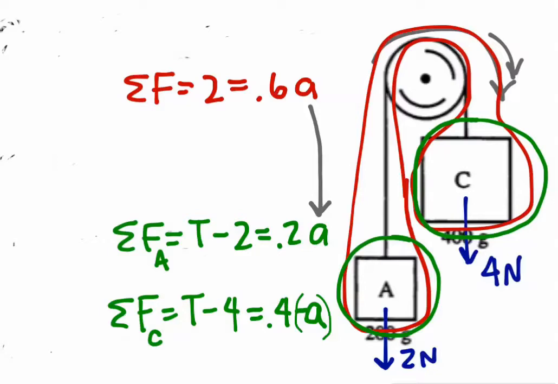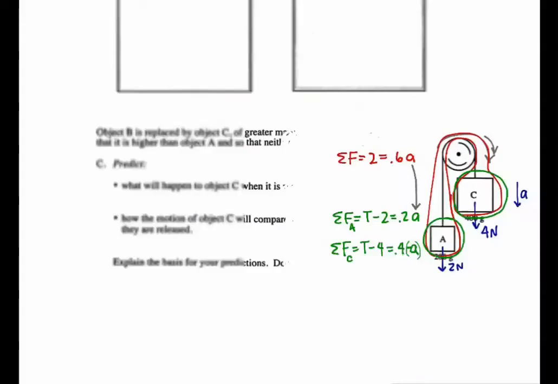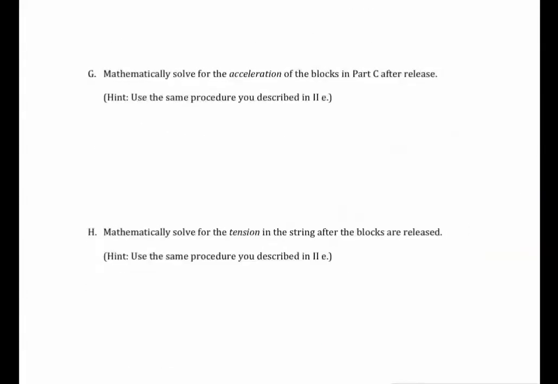It's maybe self-correcting, realizing that what we had to do was account for the direction of the acceleration when we made that calculation. All right, so that is going to help you, hopefully, with these last questions, these mathematical questions about the direction of acceleration and the value for tension on the block.